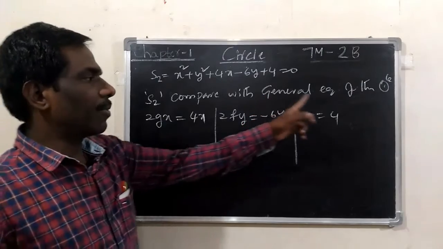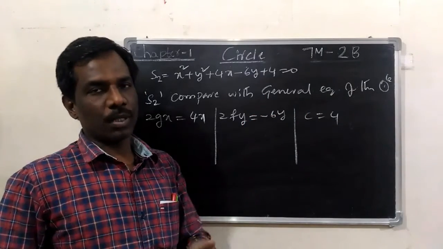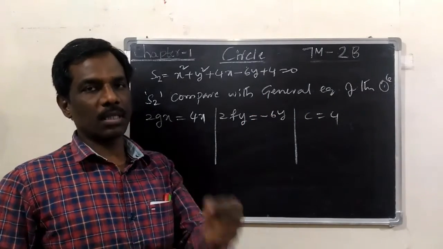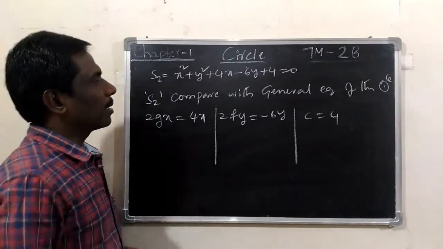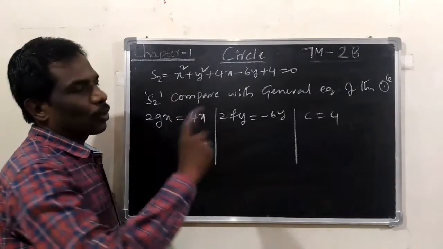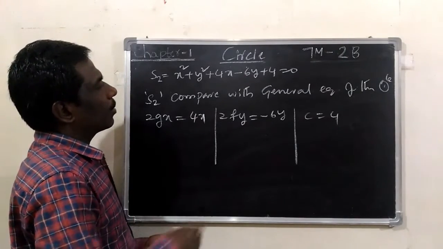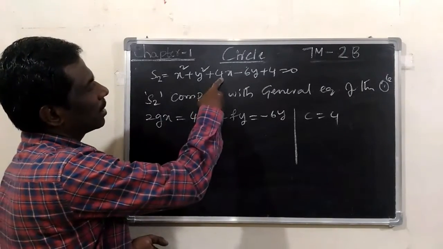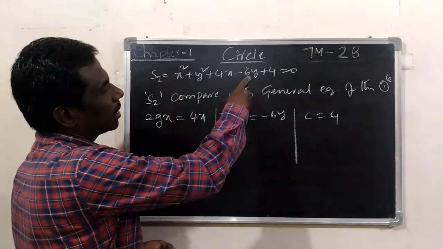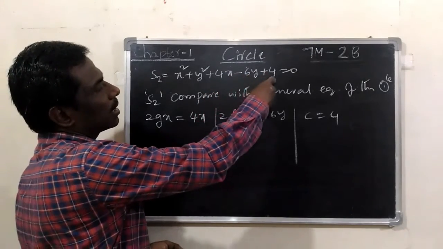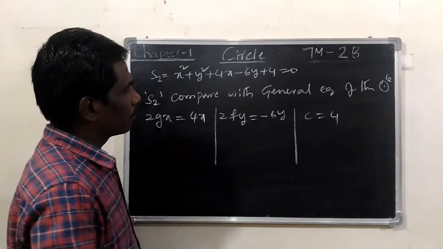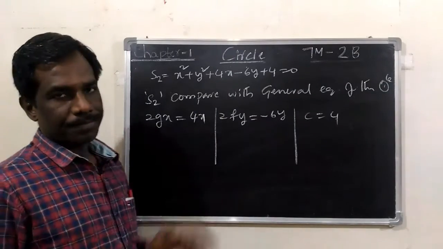Because the general equation of the circle is x square plus y square plus 2gx plus 2fy plus c equal to 0. From that, x square plus y square are the same in the two circles, 2gx is equal with this, 2fy is equal with this value, and c is equal with 4.